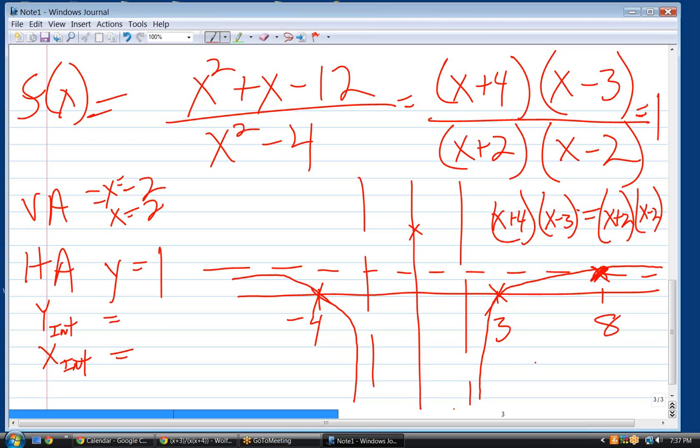When x is 10, what do we have? We have 14 times 7 all over 12 times 8. Is that number greater than 1? 98 over 96, yes it is. So to the right of 8, we are above that horizontal asymptote. So my picture is correct.